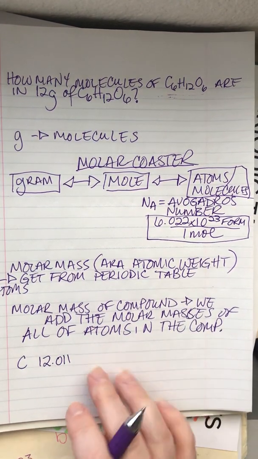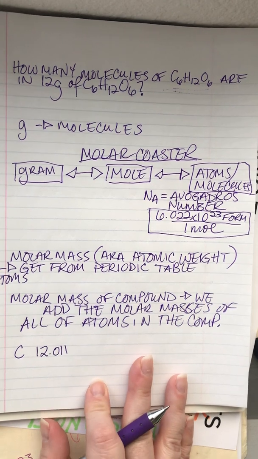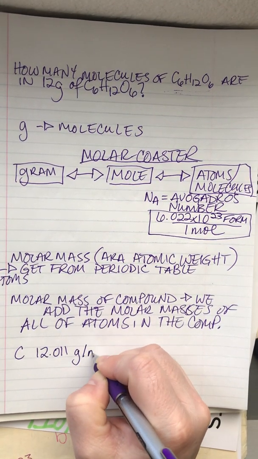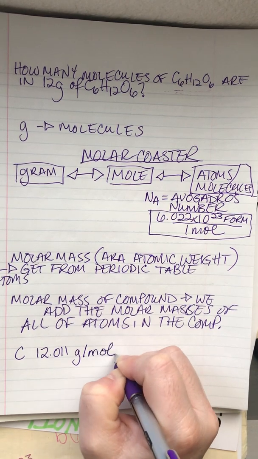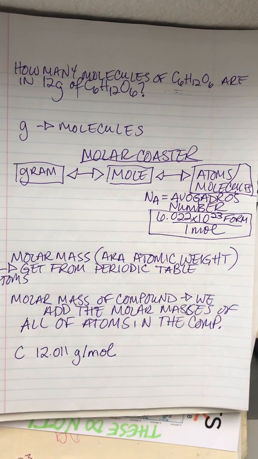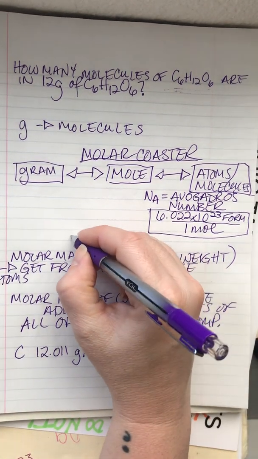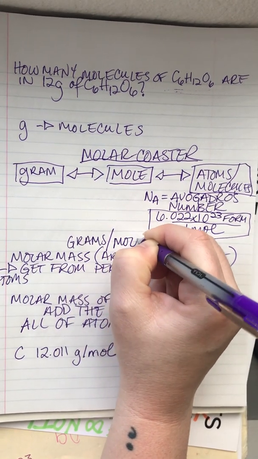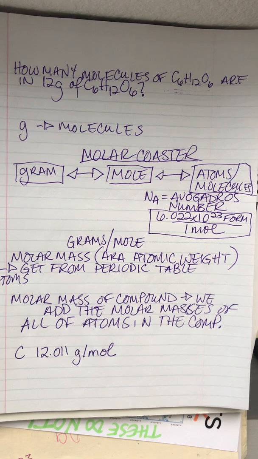Now the units of that we haven't talked about up to this point, but the units of molar mass are always grams per mole, okay? Always, always, always, forever, for the rest of your life. Molar mass, grams per mole, right?